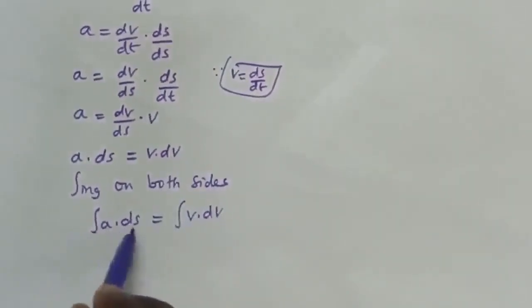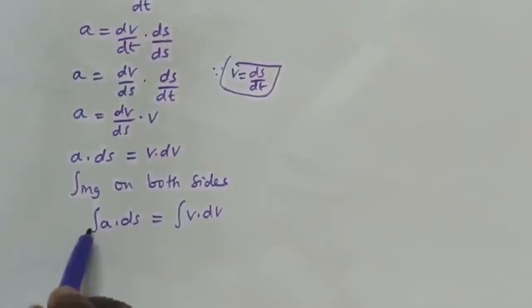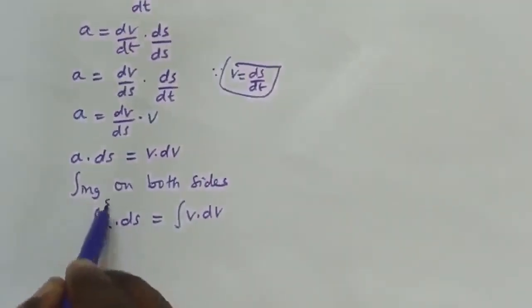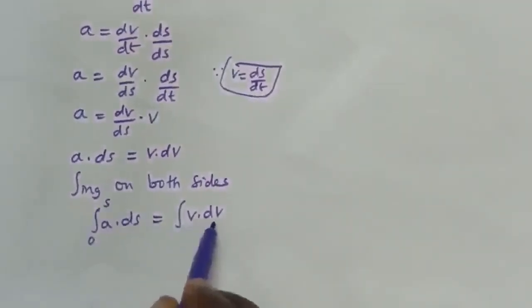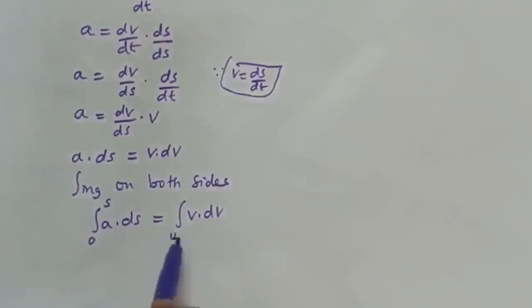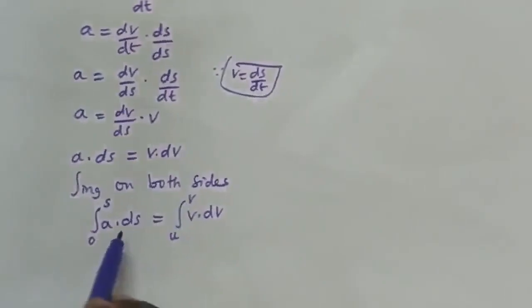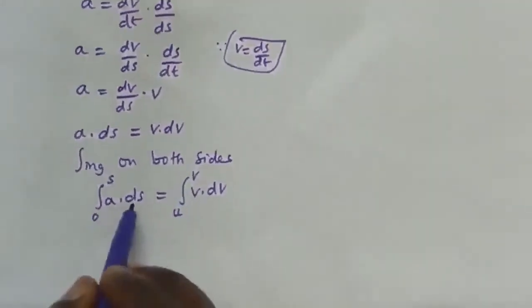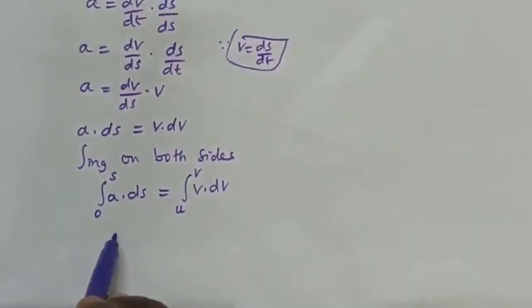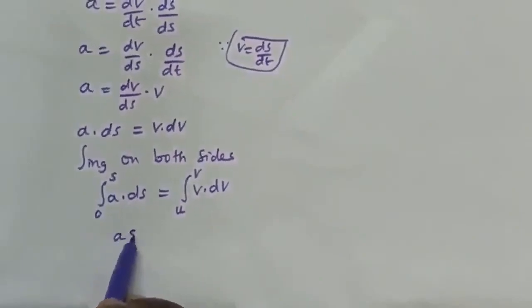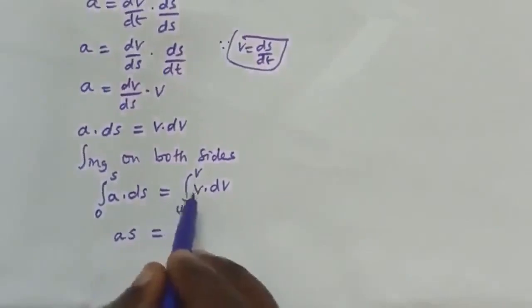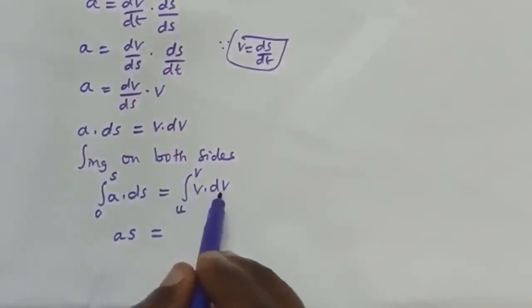Therefore now here the variable is ds, so integrating from 0 to s. Now for changing velocity, initial velocity to final velocity. Now what is the value of integration of ds? It is nothing but s. Therefore a into s is equal to, what is the integration of v dv?